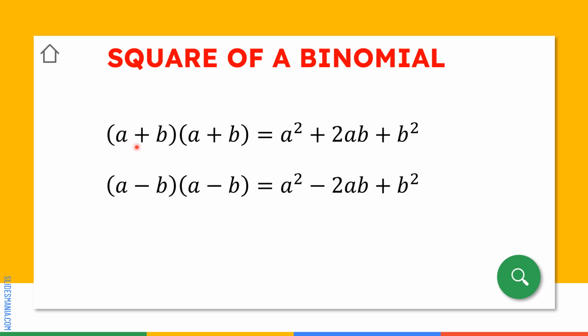So we multiply a times b times 2. And then for the last term, we have b squared. We square the last term. To further understand and learn this special product, let us take a look at the next example.